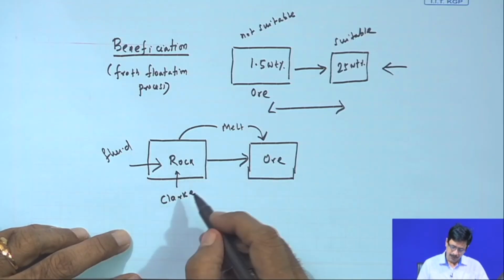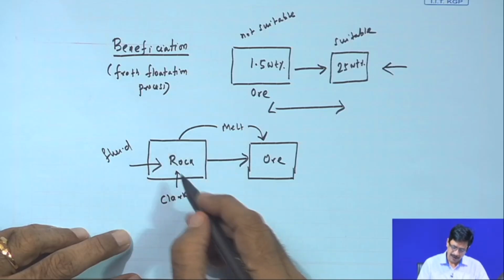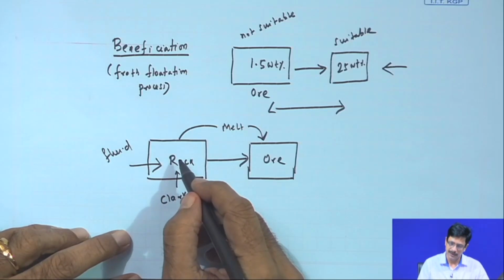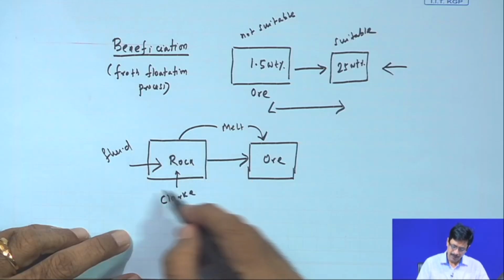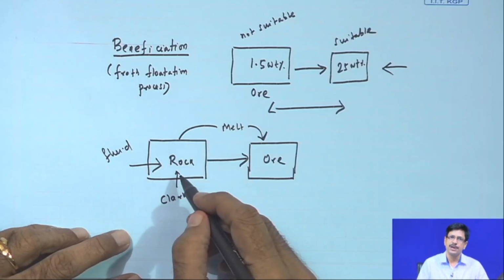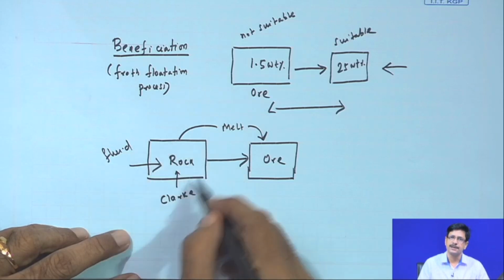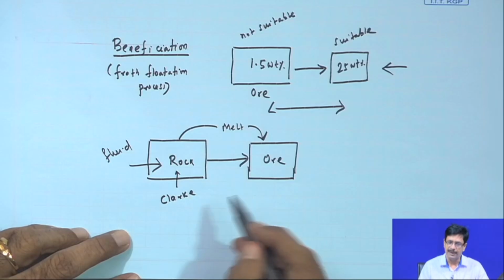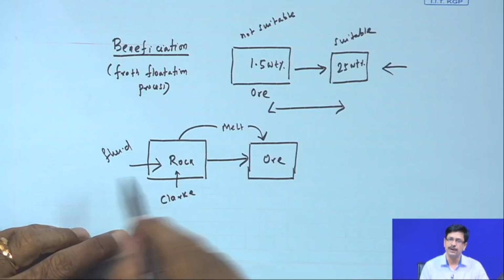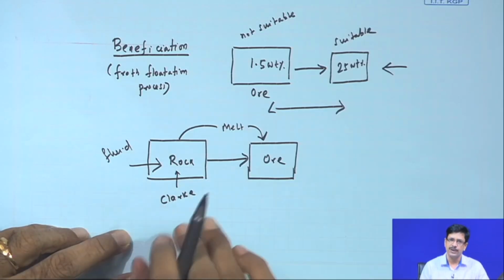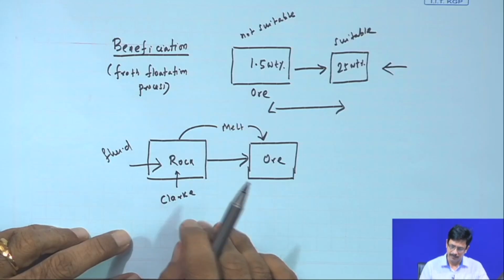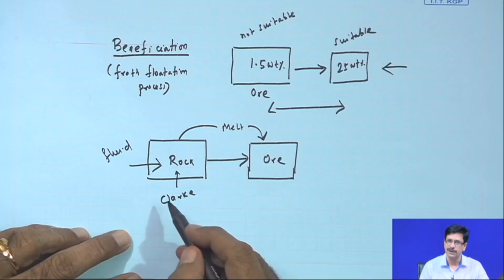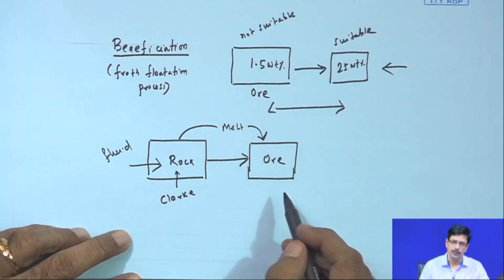Or I could differentially leach out. Suppose this is a rock and it contains certain metal in the form of its mineral, and I would be able to get rid of all the constituents which are not necessary to me and get it in an enriched form, which I can call an ore. So, it could be melting, it could be action of a fluid, it could be a process of weathering, erosion and transportation, either one or a combination of them, which will act upon and convert a normal crustal rock to an ore.